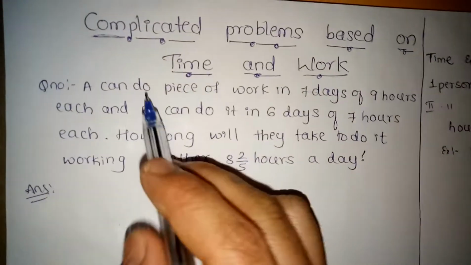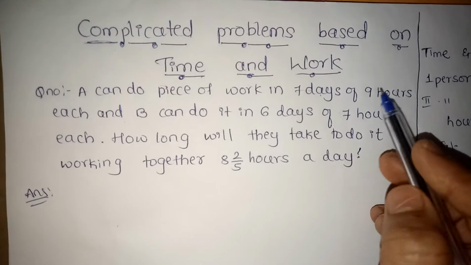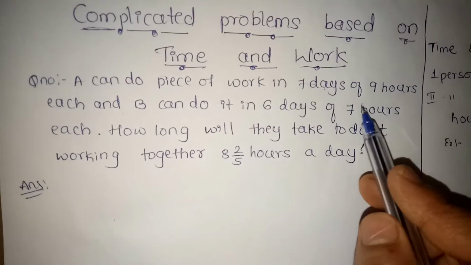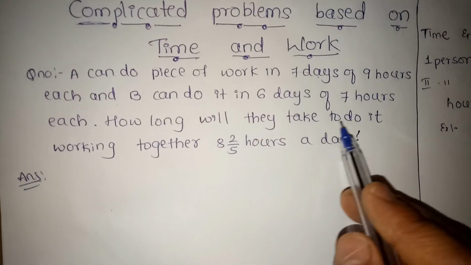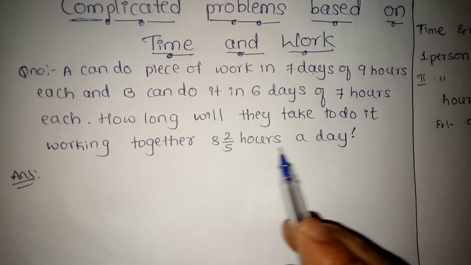Here is an example of that. A can do a piece of work in 7 days of 9 hours each, and B can do it in 6 days of 7 hours each. How long will they take to do it working together 8 2/5 hours a day?